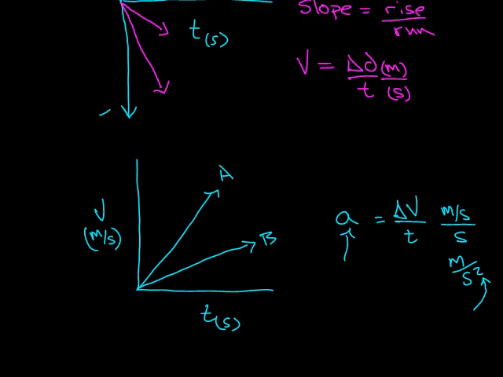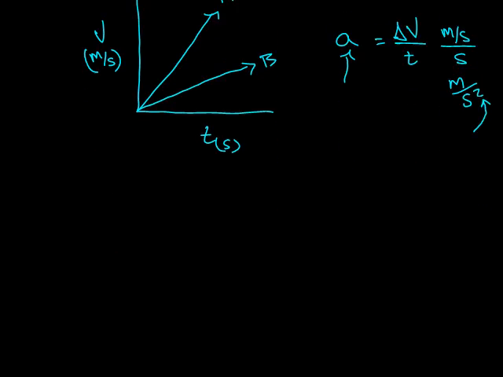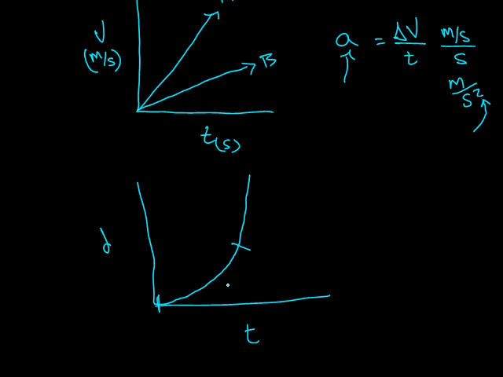Okay, so how does an acceleration look on a DT graph? If we're sitting here with displacement and time, we are looking for an area that has a curve. So if there's a curved area and then maybe more straight, from here to almost the beginning here, this curve is an acceleration, or non-uniform motion.